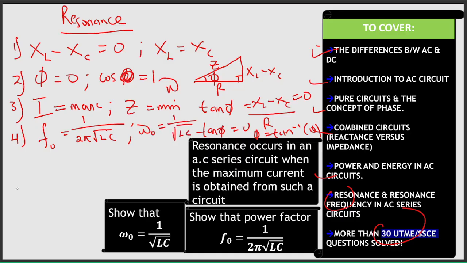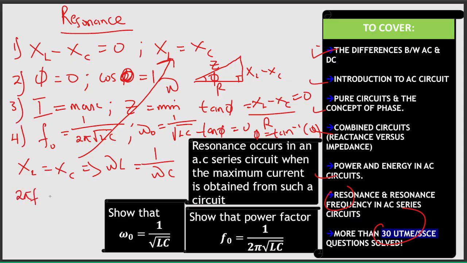Now let me prove it. You recall that we said XL is equal to XC, right? Look at it up here. Now this also means that omega L is equal to 1 over omega C. You remember? So it also means that 2 pi f L is equal to 1 over 2 pi fC.